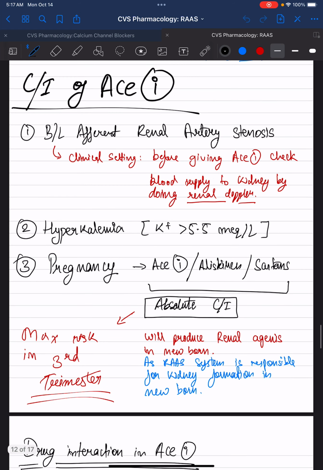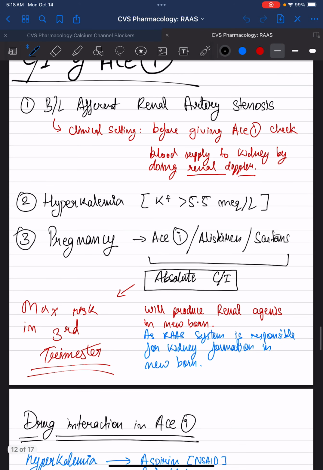Then contraindication number 2, which you always know, is hyperkalemia, if the potassium K+ is more than 5.5 milliequivalents per liter. And third is pregnancy.